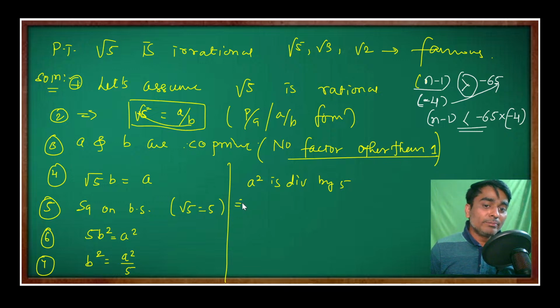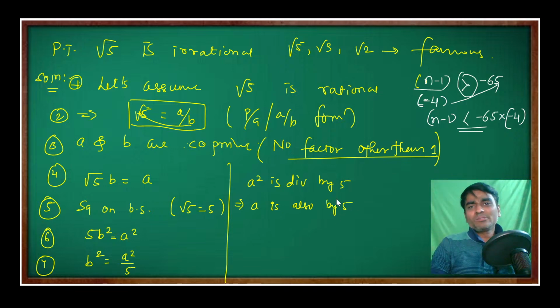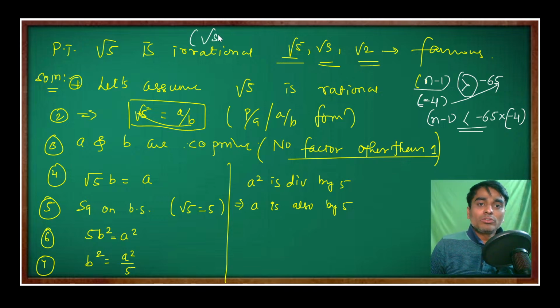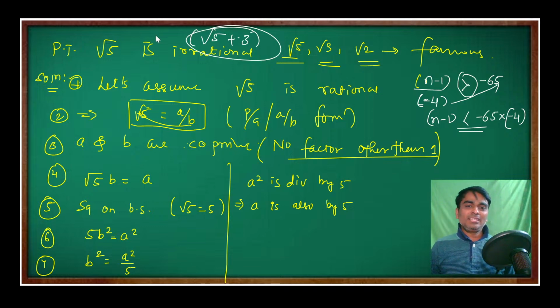Then this implies a is also divisible by 5, ಇದೇ ಸ್ಟೆಪ್ಸು. ಯಾವುದಾದ್ರೂ ಸಮ್ ತಗೊಳ್ಳಿ, √5, √3, √2, ಇದೇ ಸ್ಟೆಪ್ಸ್, ಓಕೆ? ಆಮೇಲೆ ಇನ್ನೊಂದು ಕ್ವಶನ್ನು ಅವತ್ತು ಡಿಸ್ಕಸ್ ಮಾಡಿದ್ವಲ್ಲ, ದ್ಯಾಟ್ ವಿಲ್ ಬಿ ಡಿಫ್ರೆಂಟ್. ಈಗ √5 + 3 ಇಂಥದ್ದೆಲ್ಲ ಬಂದರೆ ಬೇರೆ ಸ್ಟೆಪ್ಸ್. ಇದು ತುಂಬ ಸಿಂಪಲ್, 2-3 ಸ್ಟೆಪ್ಪಲ್ಲಿ ಆನ್ಸರ್ ಬಂದ್ಬಿಡುತ್ತೆ. ಬಟ್ ಇದಕ್ಕೆ ಸ್ವಲ್ಪ ಜಾಸ್ತಿ ಕಷ್ಟಪಡಬೇಕು ನೀವು.